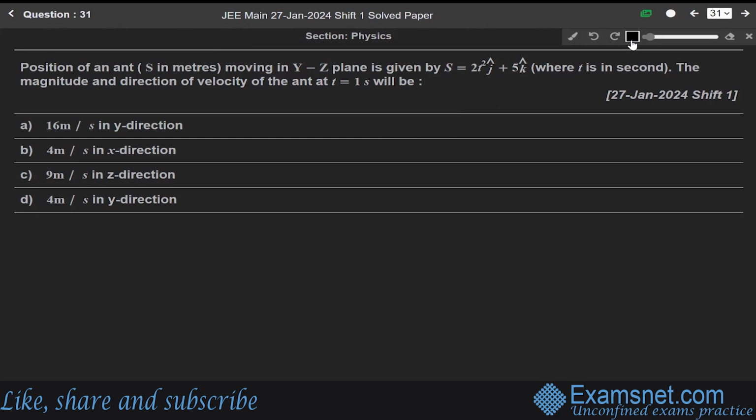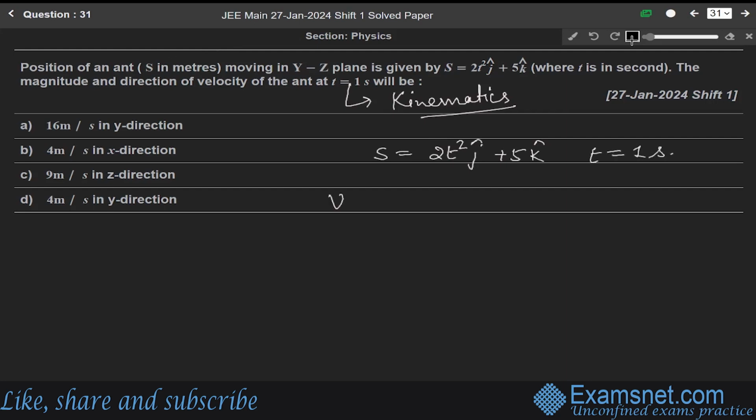So students, this question is directly from the chapter of kinematics. We are given the displacement vector S, and we have to find the magnitude and direction of the velocity at t equals 1 second.